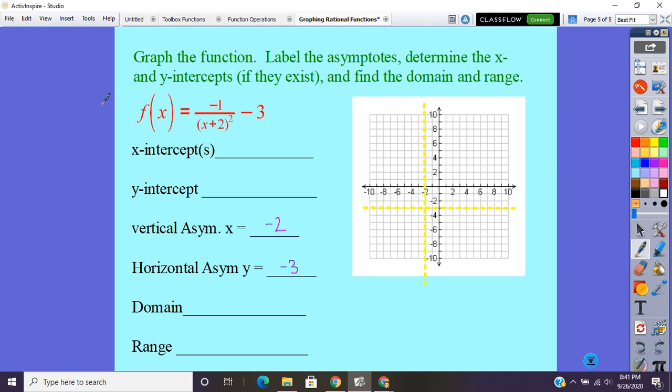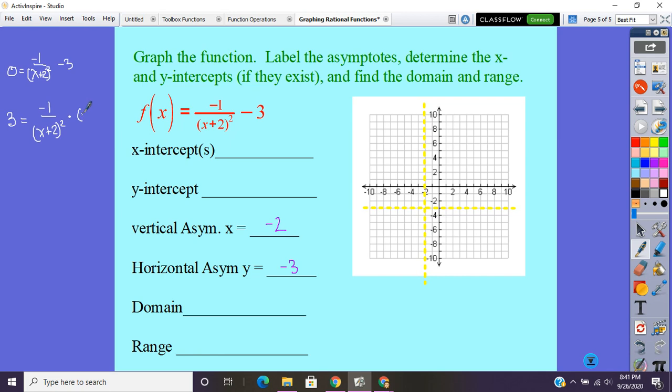Let's find the x-intercept. Plugging things in for y. So 0 equals -1 over x plus 2 squared minus 3. All right, add our 3, so we have 3 equals -1 over x plus 2 squared.